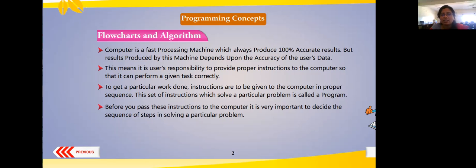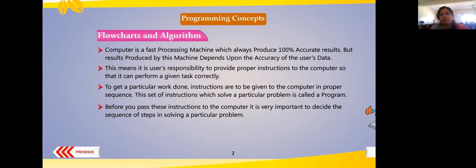So this means it is the user's responsibility to provide proper instructions to the computer so that it can perform the given task correctly, right? If you're giving a task to the computer to do accurately, then you are supposed to give the instructions properly too, because at the end of the day, it is a machine. It's not a human being.